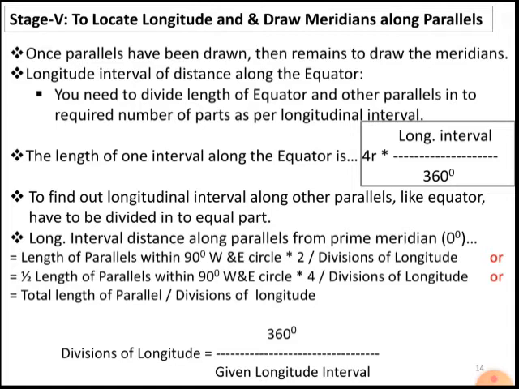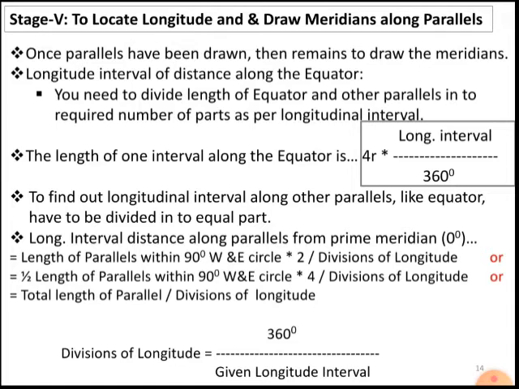of longitude. And the third option is the total length of the parallel or equator divided by the division of longitude. Now how to find out the division of longitude? The division of longitude is equal to 360 divided by the given longitude, right?